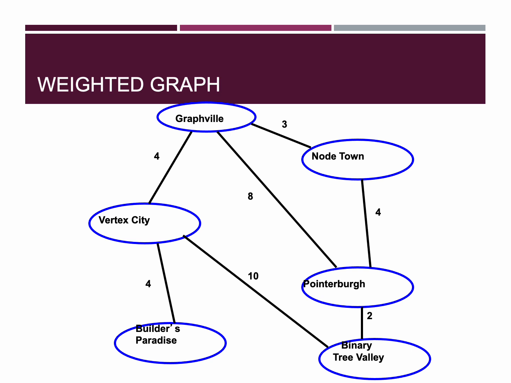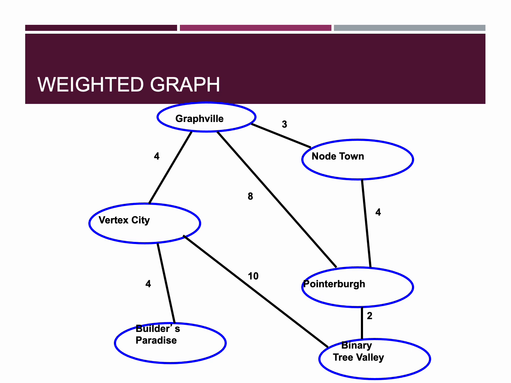If you want to go from Builder's Paradise to Vertex City, it takes 4 miles by car or whatever it is. Then if you want to go from Vertex City to Binary Tree Valley, it takes 10 miles. So using those values, you can calculate the distance between two places. So this is called a weighted graph.